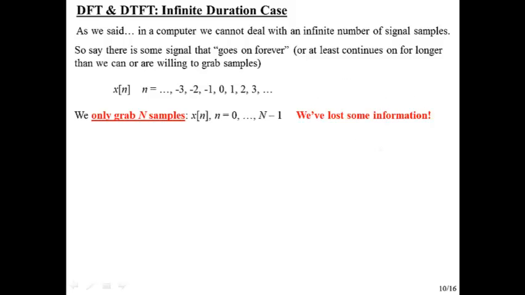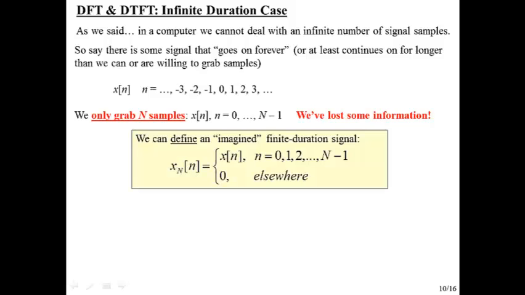So the DFT that we compute from these samples does not include the information from the non-zero samples that we haven't collected, obviously. But what we want to compare is the DFT that we can compute to the DTFT that we could compute with all of the samples, because that's really the gold standard, so to speak.